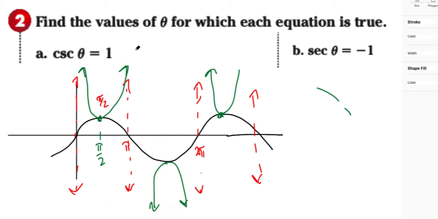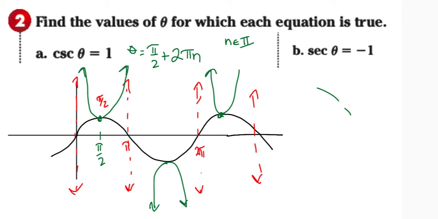So we know that the value is going to be for all theta such that theta is equal to pi over 2 plus 2 pi n, where n is an element of the integers. Any old integer value will do. That's going to give me a cosecant value of 1. Does that make sense?